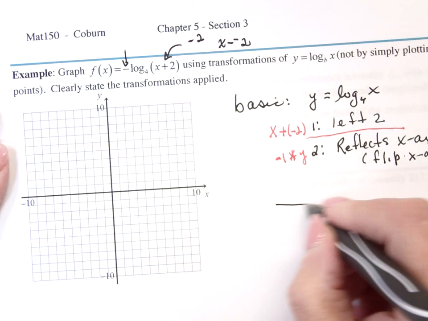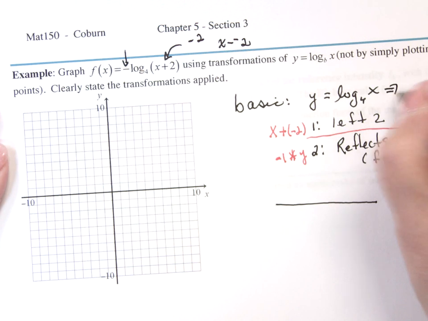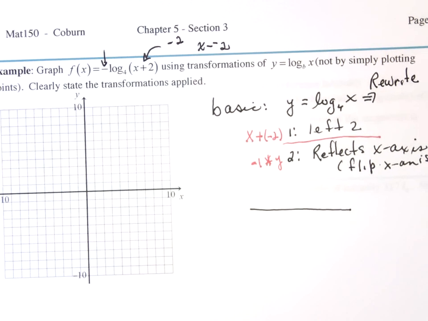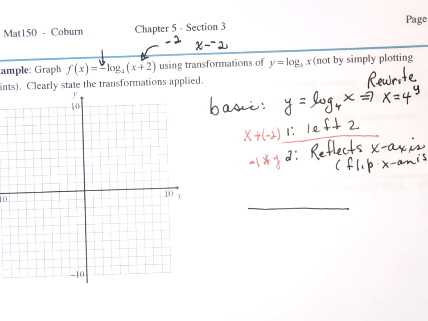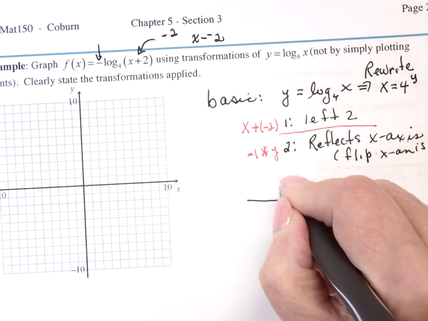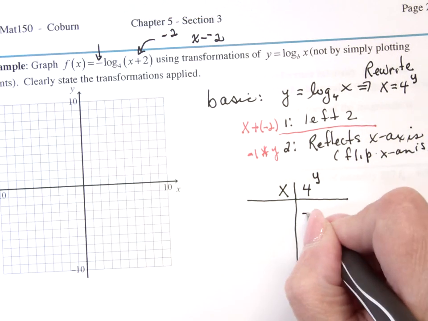So if I look at how this thing's going to work, I'm first going to rewrite it and have x equals 4 to the y power. Put in my favorite values.